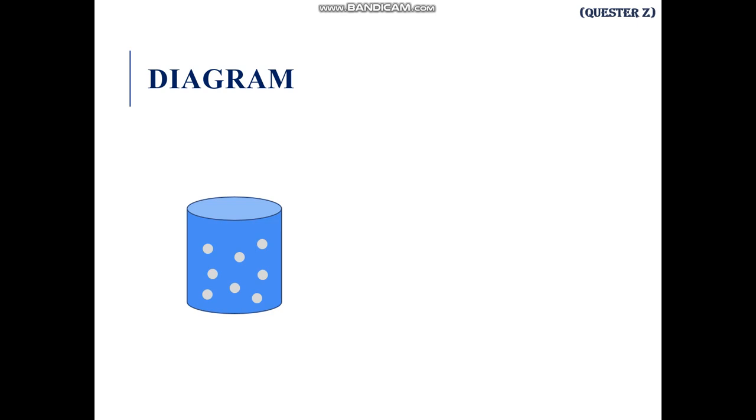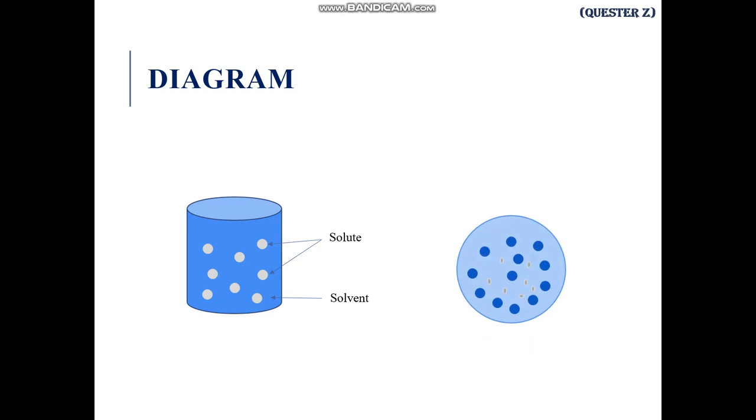This is a beaker indicating solvent in blue color, that is water, and the gray round balls are indicating the solute particles, that is salt, that I have added in the glass of water. So gray indicates the solute while the blue color indicates the solvent. On the right side you can see the dark blue round balls. These are the molecules of water or solvent, while the small gray ones are indicating the particles of solute.